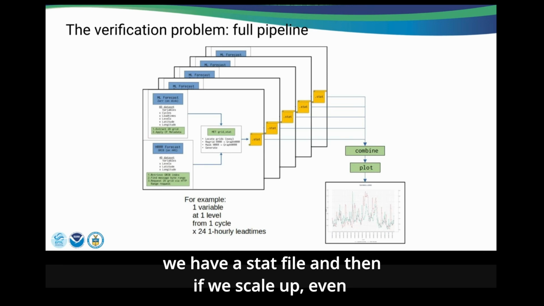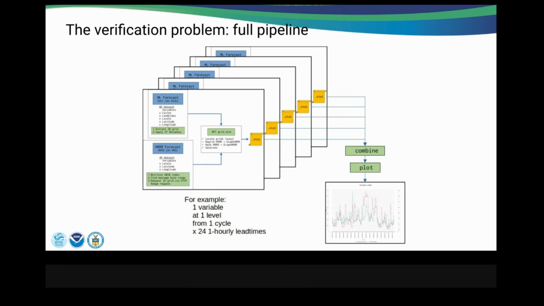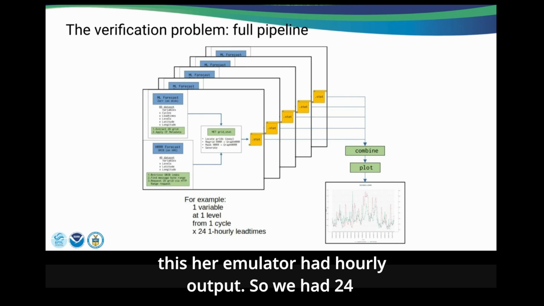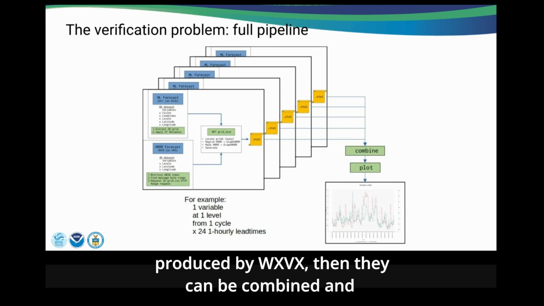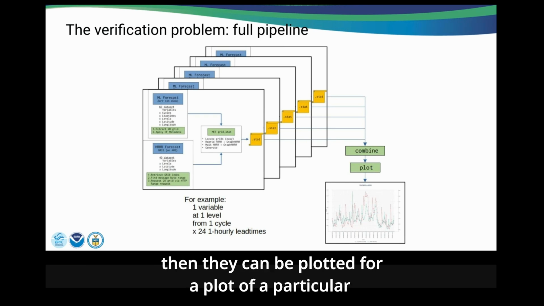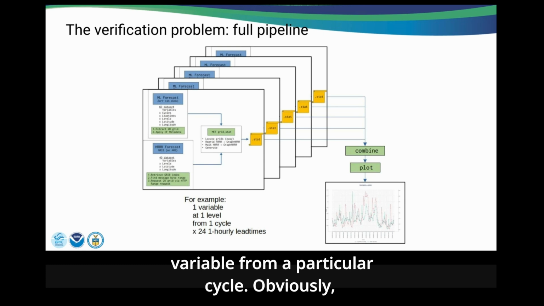And then if we scale up, even just considering one variable, one cycle, one level, this HRRR emulator had hourly output. So we had 24 lead times per cycle. So all of those need to be produced by WXVX. Then they can be combined, and then they can be plotted for a plot of a particular variable from a particular cycle.